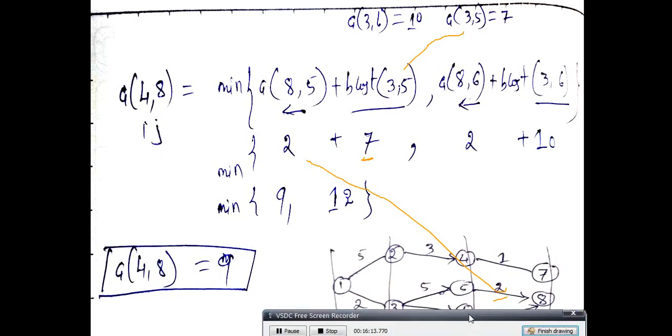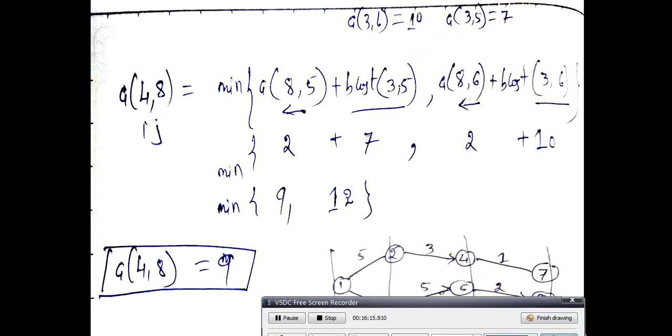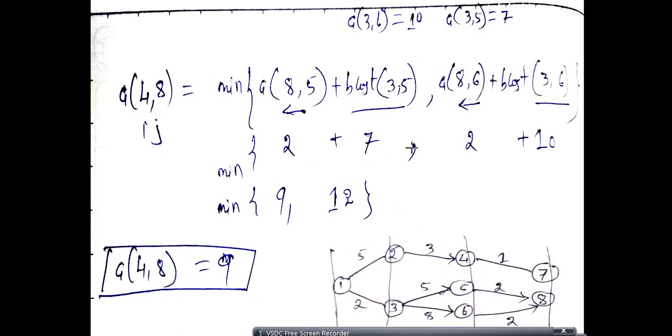See, in this example I have used 2 values. Why? Do you have any idea regarding this? See here, what is the vertex name? Vertex name is 8.